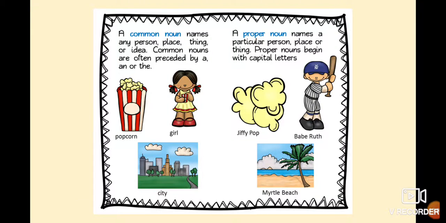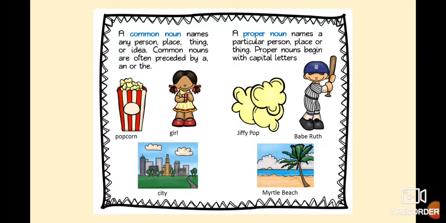Let's continue. A common noun names any person, place, thing, or idea. Common nouns are often preceded by a, an, or the. For example, a box of popcorn, you use a. A girl, or the girl that is with the yellow dress.